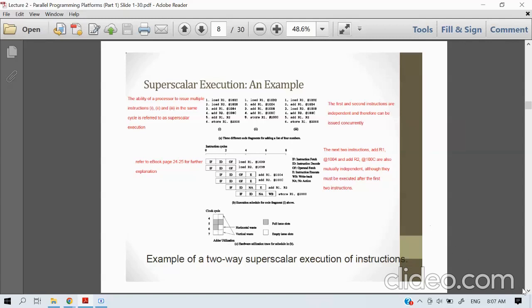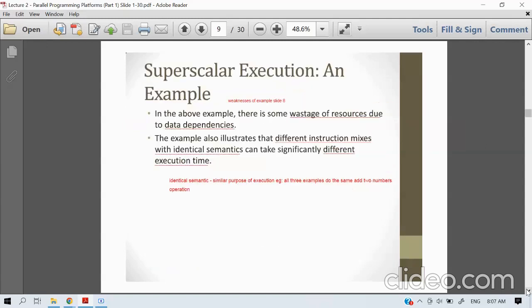Let's look at the next one, the explanation of the diagram. In the above example, there is some wastage of resources due to data dependency. The slot is not full each time at times 4, 5, 6, and 7 due to data dependencies.